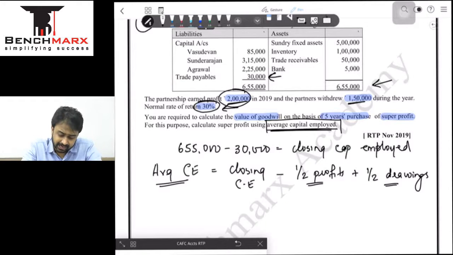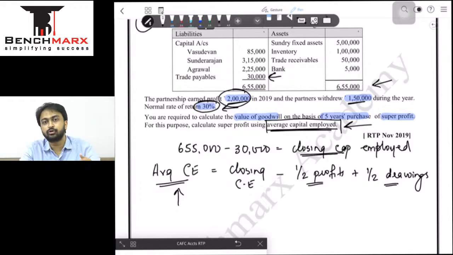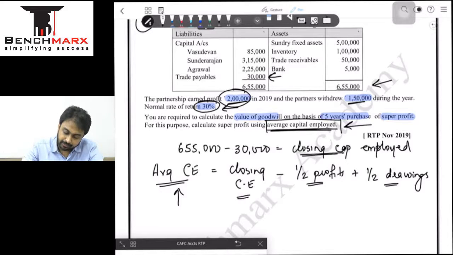The only change is that अपन closing capital के बदले we are using average capital because the question specifically mentions to use average capital. If the question is silent, we would have normally done the question on closing capital. ठीक है, so remember this formula. Average capital is closing capital minus half profits plus half drawings.